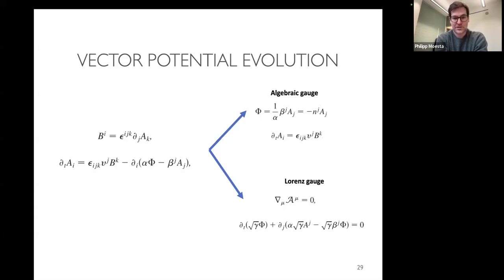Meaning we have gauge freedom, which in principle is great, but as you've probably seen yesterday in the numerical relativity lecture, it can also be a real headache to find a gauge that works well numerically on the computer. The same holds true here. There's been significant work in finding gauges that work well for inspiral of binaries. One of the typical ones being used is the Lorentz gauge, but you can also use other gauges.